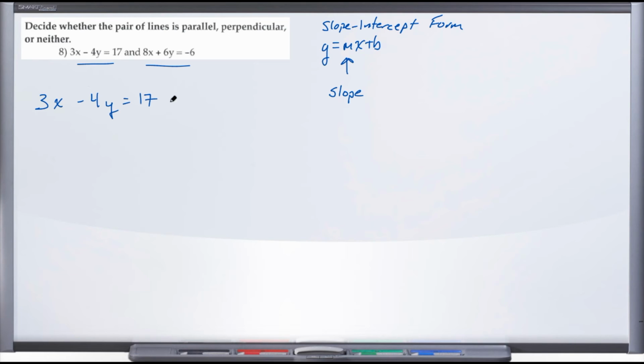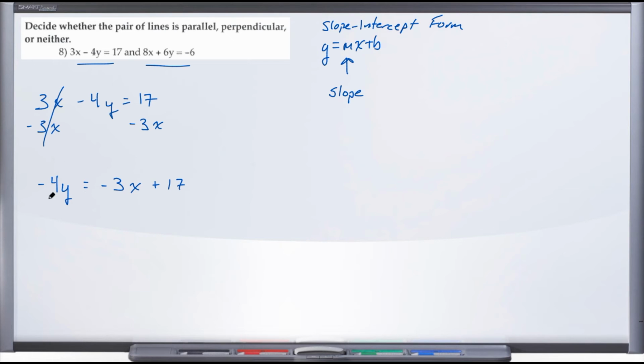All right, if we want to make this equation look like y equals mx plus b, meaning we want y on one side and everything else on the other, the first thing we can do is subtract 3x from both sides. And when we do that, we're left with negative 4y equals negative 3x plus 17.